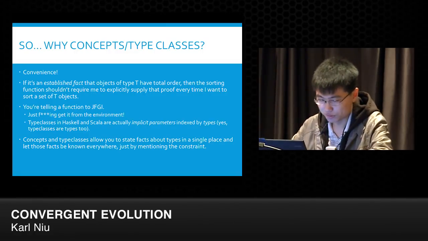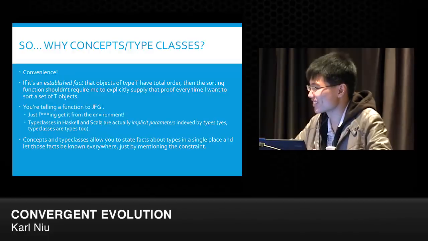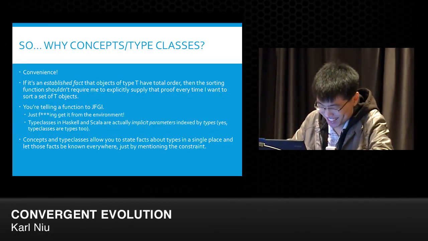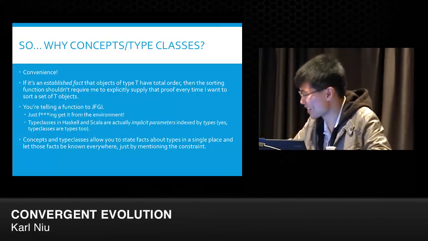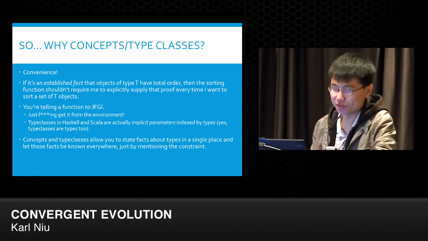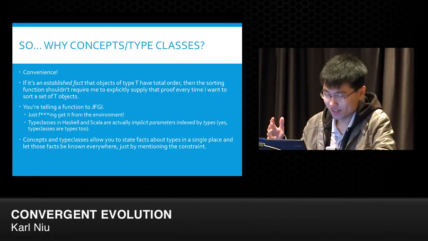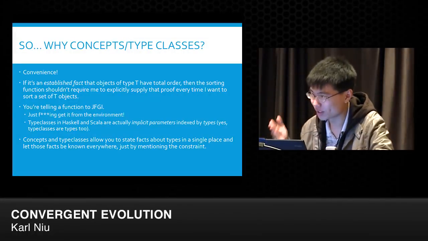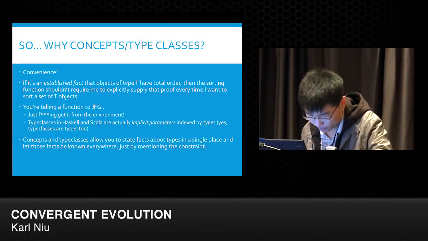Who here knows what JFGI stands for? Just get it from the environment for me, please. I don't want to supply that proof every time I want to sort a set of T objects if I already told you that T has a total order.